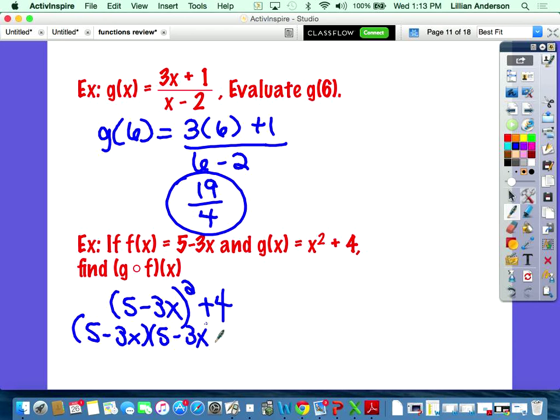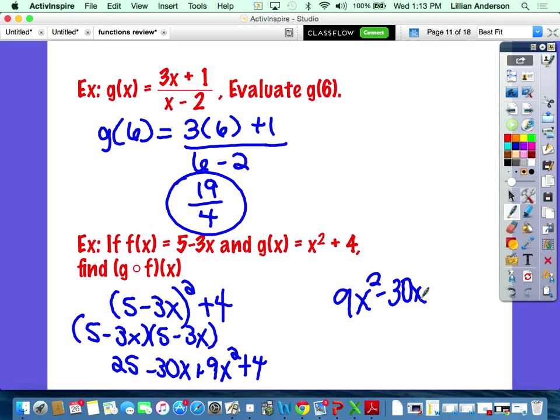And when you actually foil it, you get 25 minus 30x plus a 9x squared plus 4. Then what do you do? Add like terms, and then it will always be nice to put it into standard form. So you have 9x squared minus 30x plus 29. There you go. So I got that. Okay? So do not forget, that means FOIL. Good stuff.